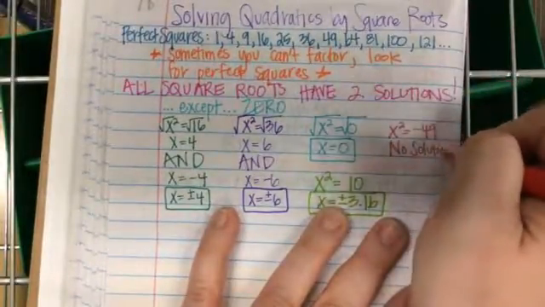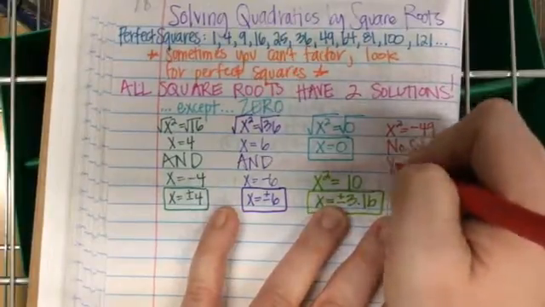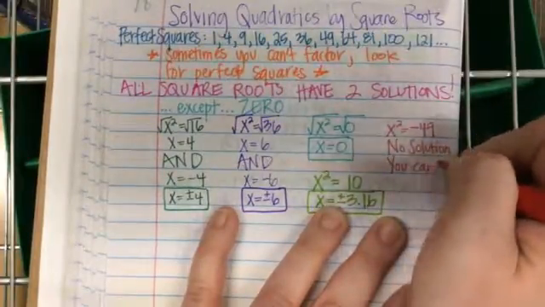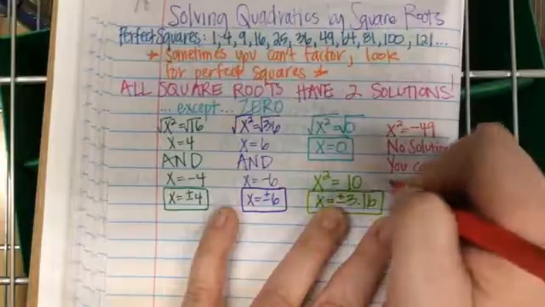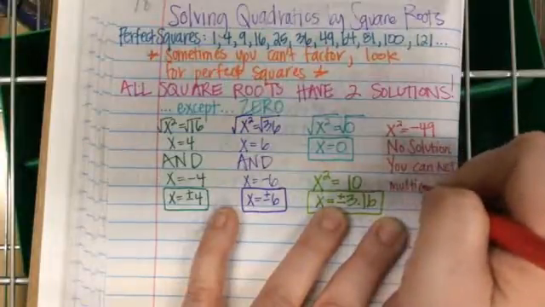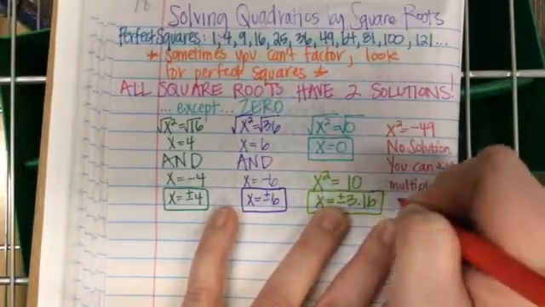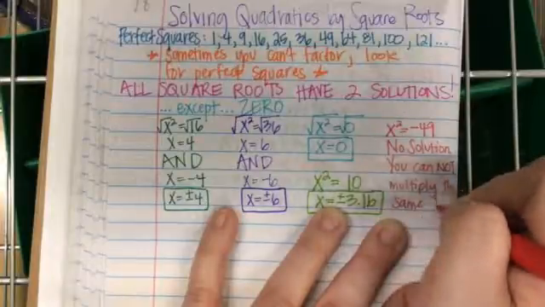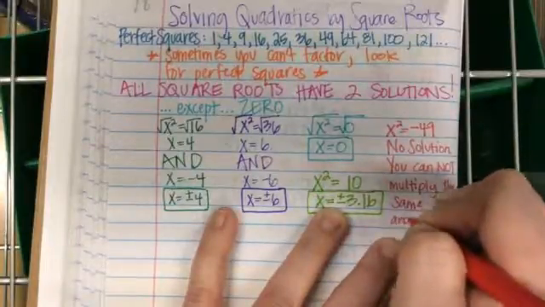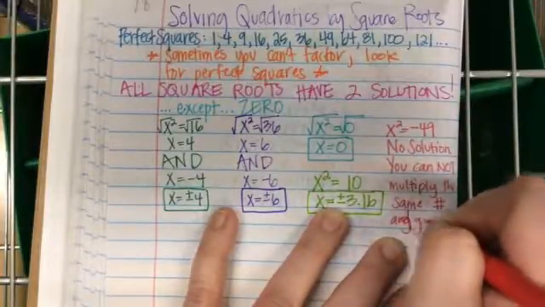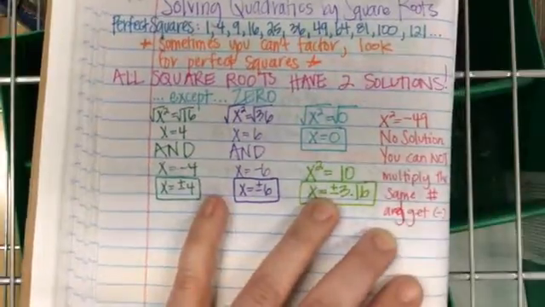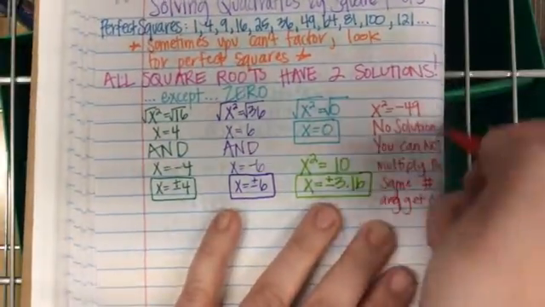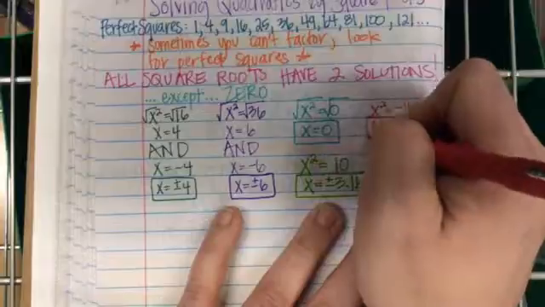So if they're not the same, then you cannot multiply the same number and get a negative. Wait, can you graph that? So if it's a negative number, then we can't do it.